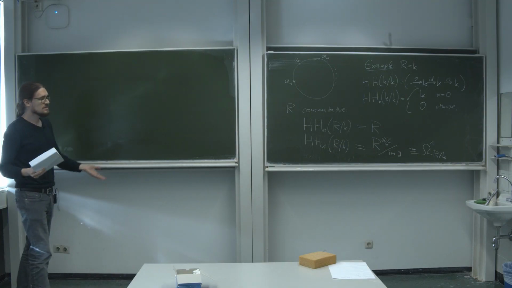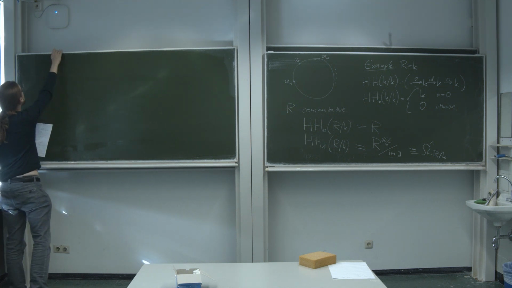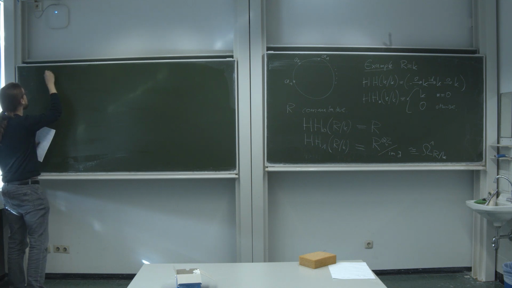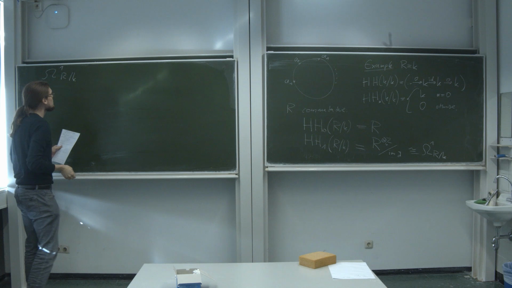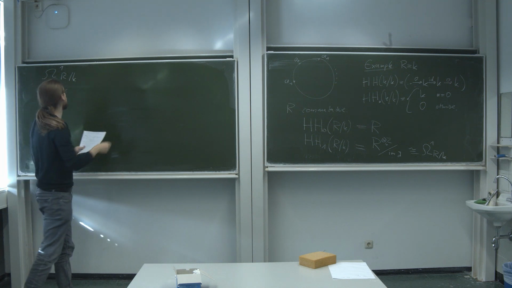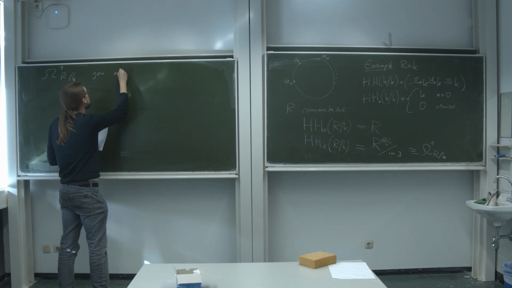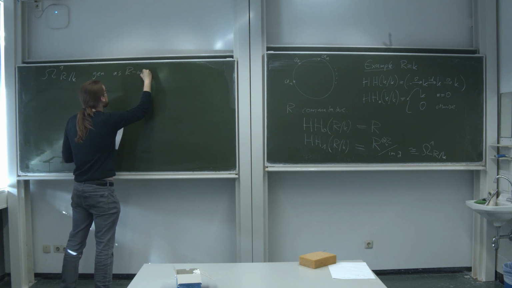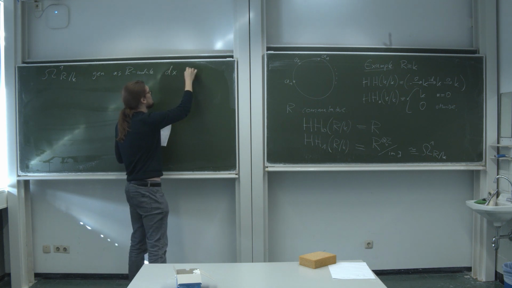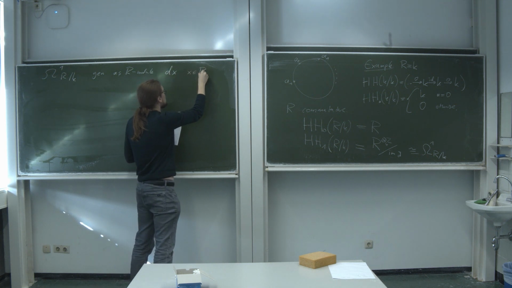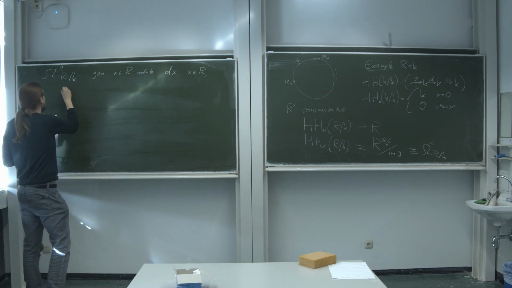So what is this Omega 1 of R relative K? Well, let me review it quickly here. So Omega 1 of R relative K is an R module generated as R module by elements dx for all x in R with the following relations.